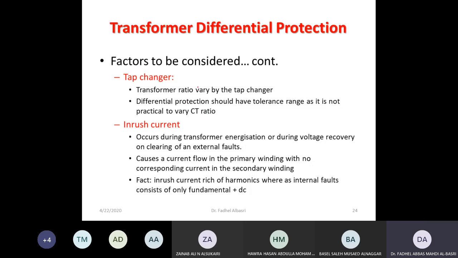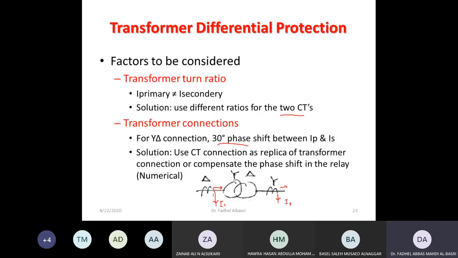The third problem with the transformer is that if you have a tap changer, the transformer ratio will change also. Suppose I select I1 and I2 and corrected the magnitude at the nominal tap of the tap changer transformer, and already corrected the phase.